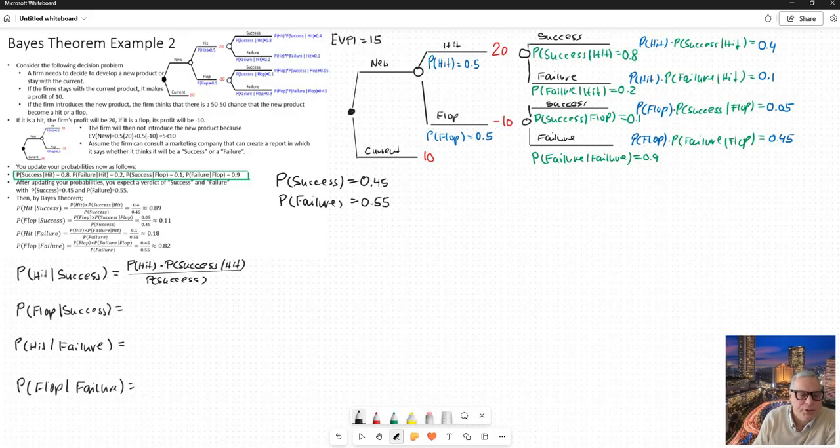Here, same thing, it's a similar thing: probability of flop times probability of success given flop over probability of success.